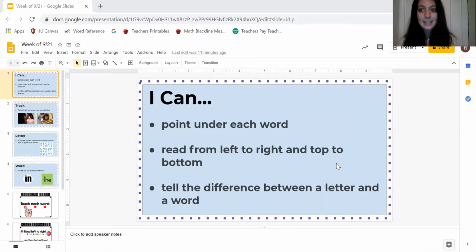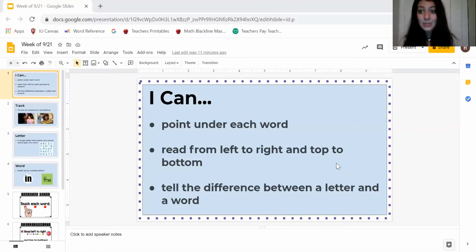Awesome. Let's say our next one. Ready? I can read from left to right and from top to bottom. Let's try that together. Here we go. I can read from left to right and from top to bottom. Good job, scholars.